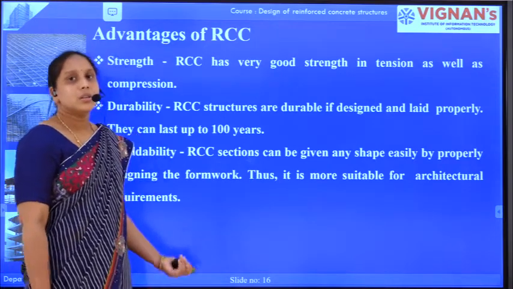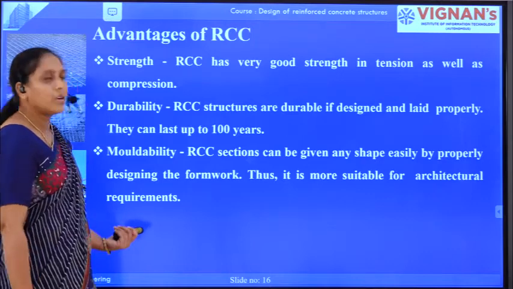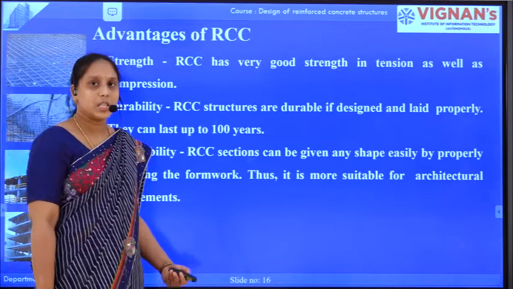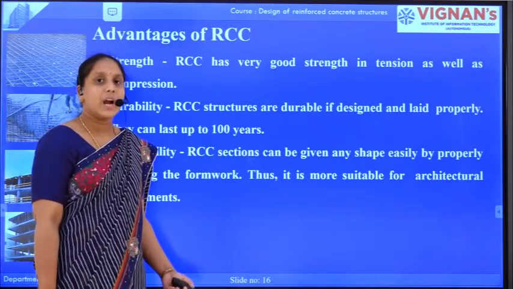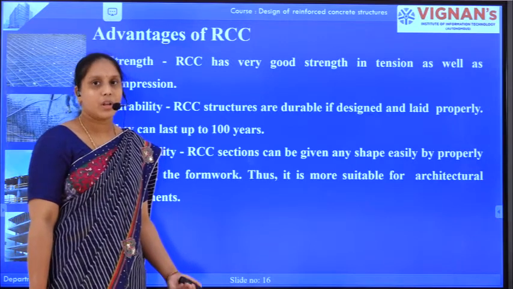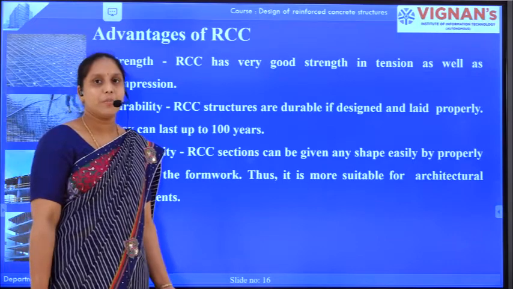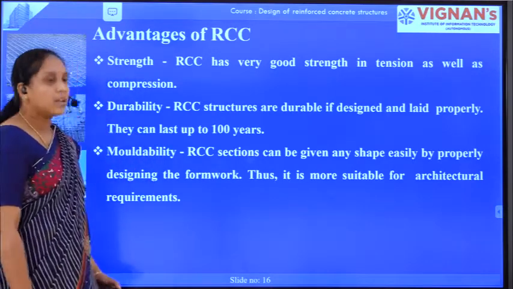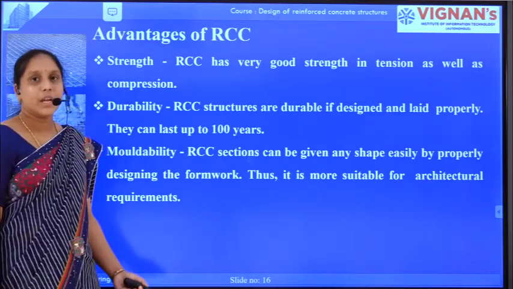So the advantage is the moldability. If any architectural considerations are there, as per the requirement you can easily give the desired shape.